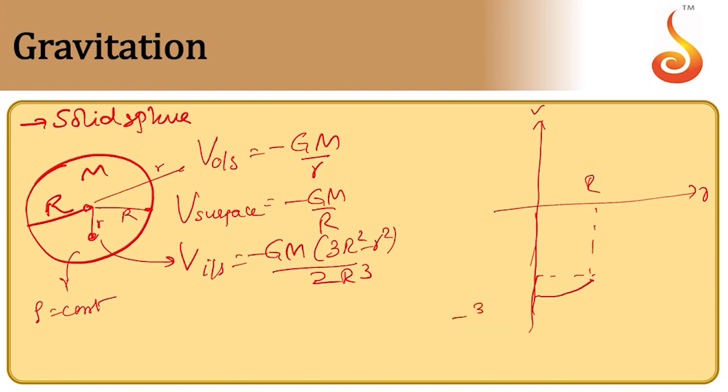This is minus 3 by 2 GM divided by R, and it is minus GM divided by R at the surface, and then it goes on decreasing according to the 1 by r relation. So it is proportional to 1 by r. So the variation of the gravitational potential is given by this expression.